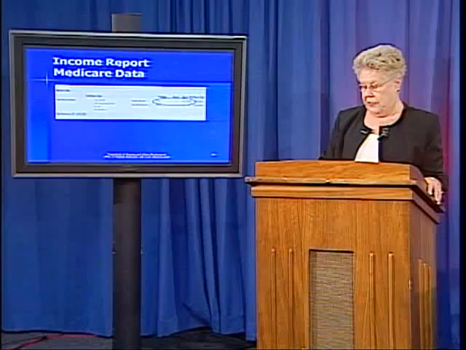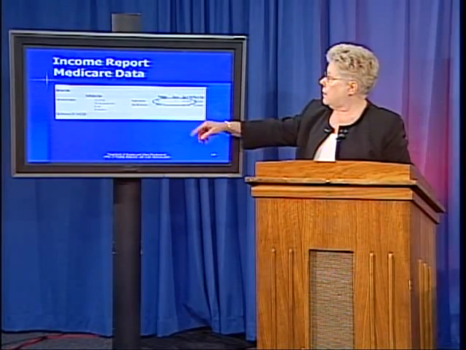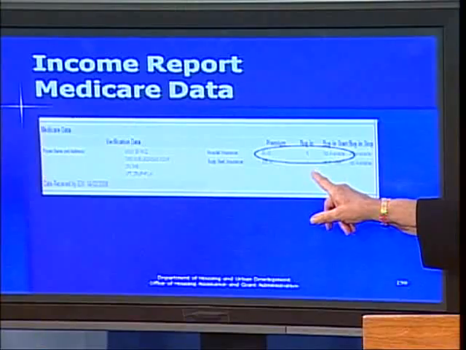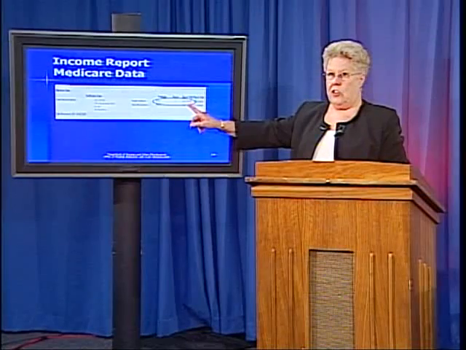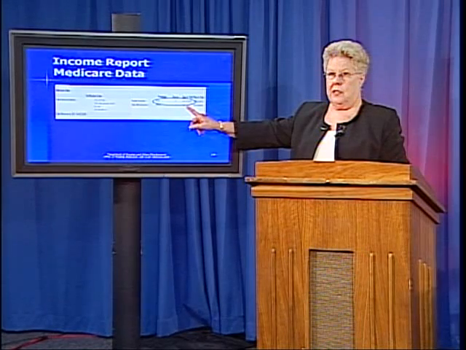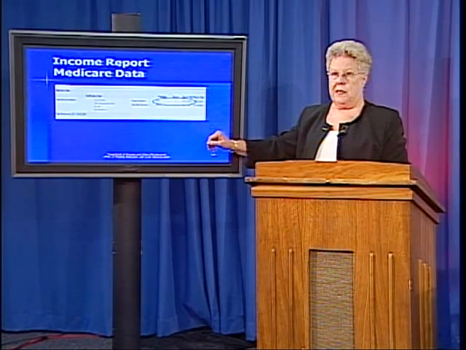But there can be instances where a third party pays this premium on behalf of the tenant. And if this occurs, then you will have a Y in the buy-in column of the report and a buy-in start date. And it'll show you when that third party started paying those benefits.